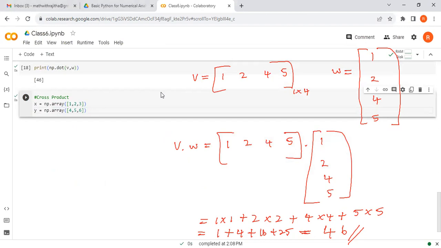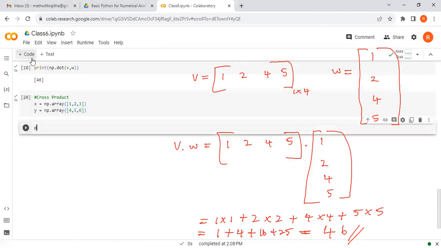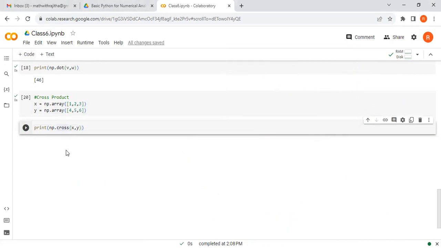Now I get the cross product between x and y. Print np.cross product between x comma y. Now, what is this cross product? Can you remember? Let's try to do it manually and let's see if we are getting the same answer from the NumPy module.